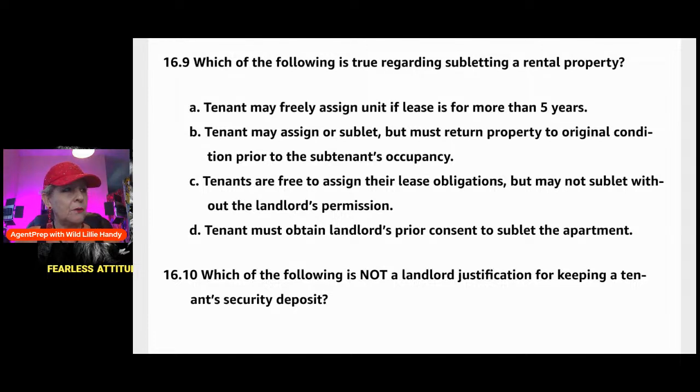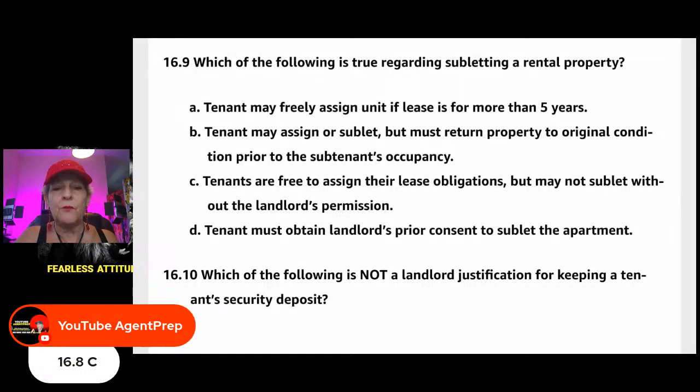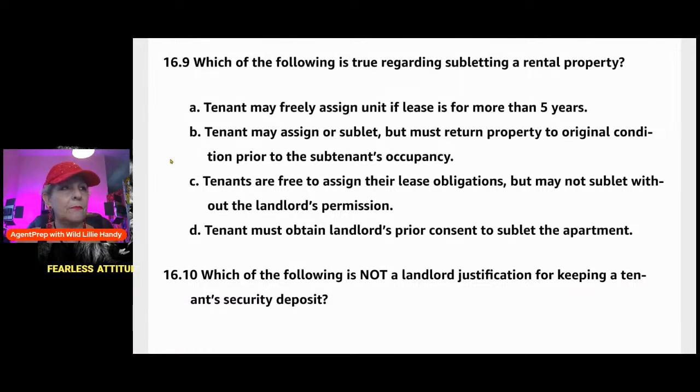Okay, so number 9. Which of the following is true regarding subletting a rental property? So what is subletting? A, tenant may freely assign unit if lease is for more than 5 years.